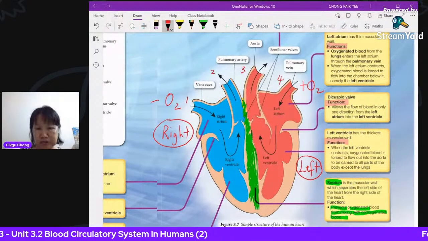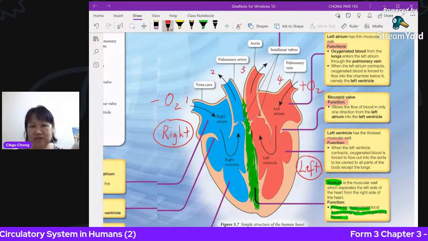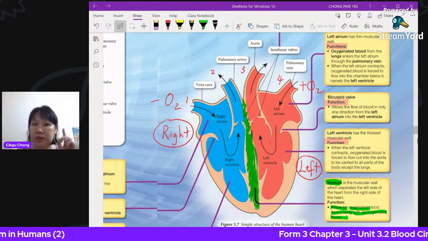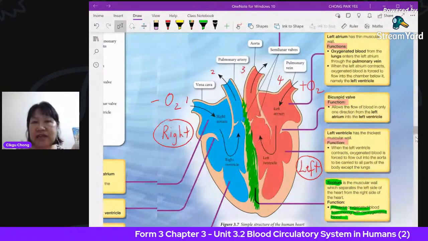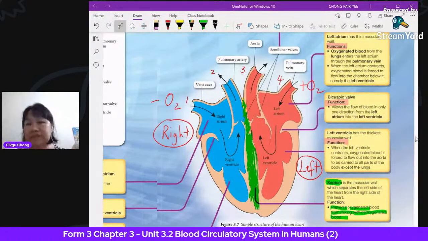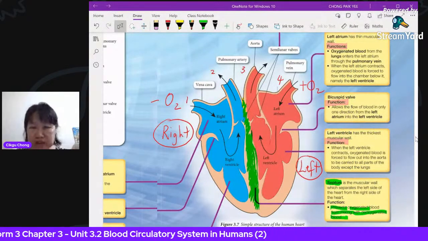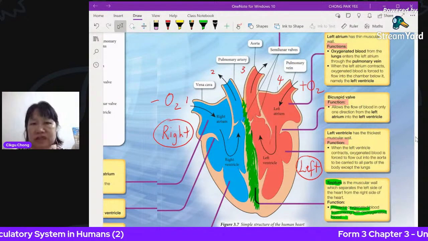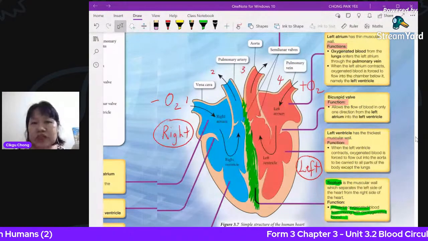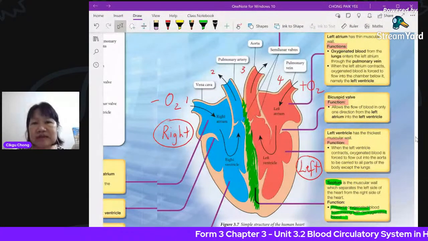Can you write it in the chat box here? I just want to see. Just put the number 1, 2, 3, or 4. Remember, I told you artery is the blood vessel that carries blood out of the heart. So from here, you can see the direction.